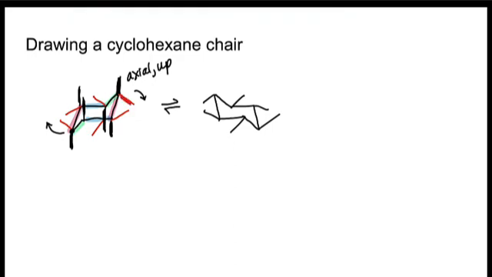And all of the positions that were equatorial, those are the ones in red over here, are now axial. So any position that was equatorial up is now going to be axial up. And so these axial positions are going to look like this.